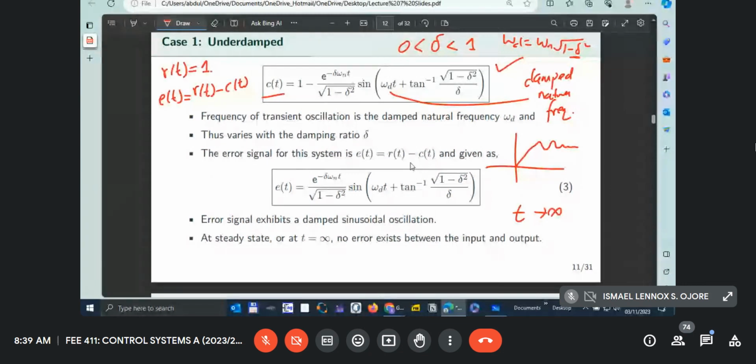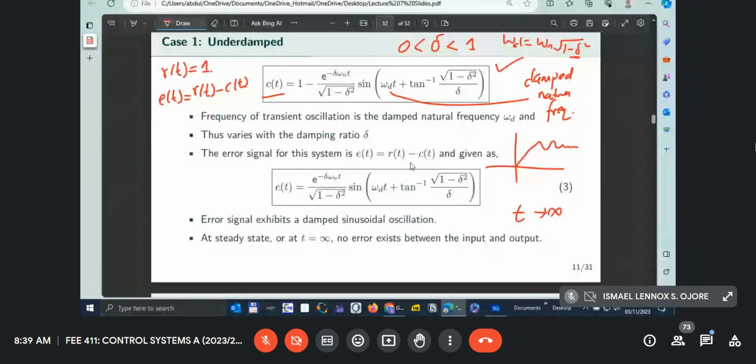So there is no error between the input and the output, and that is what we want. We want a system that responds faster and follows the input.